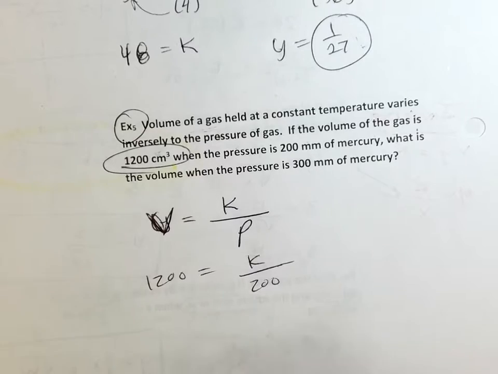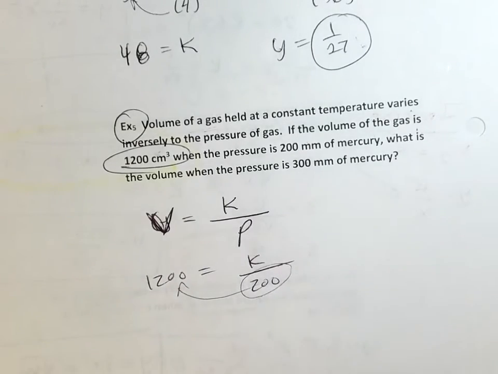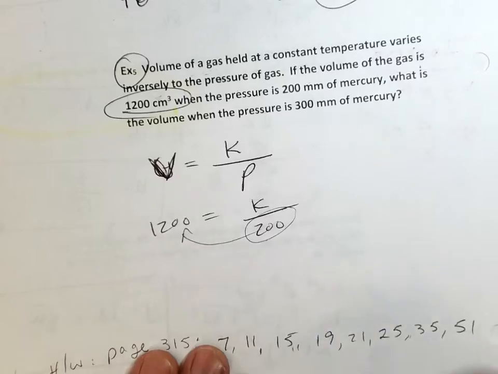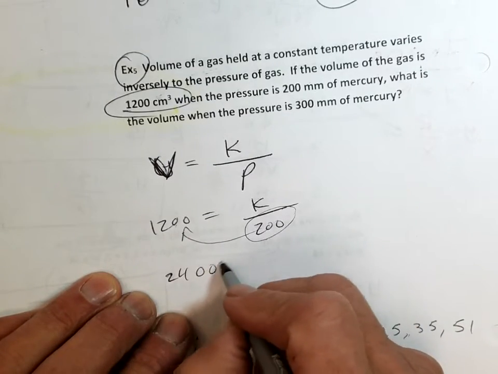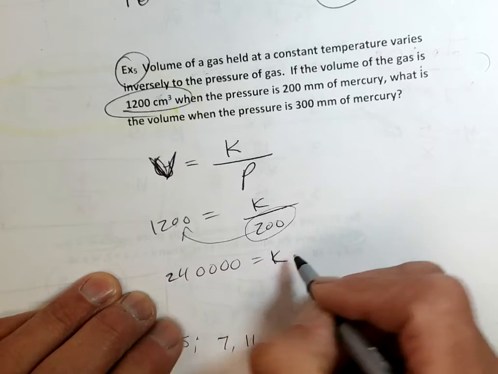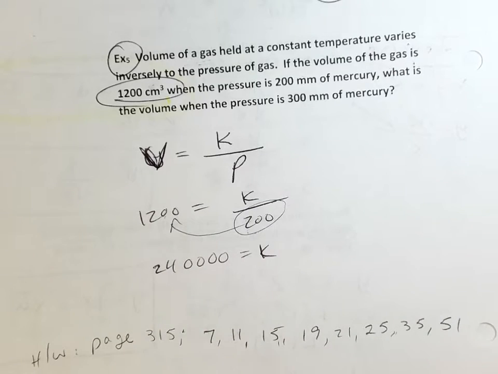Let's find k, that's easy, right? 1200 times 200. Why am I doing this with a calculator? I can do this in my head. I should have 24 with 4 zeros, equals k. I'm embarrassed that I used a calculator on that one, because 2 times 12 is 24, then 4 zeros.